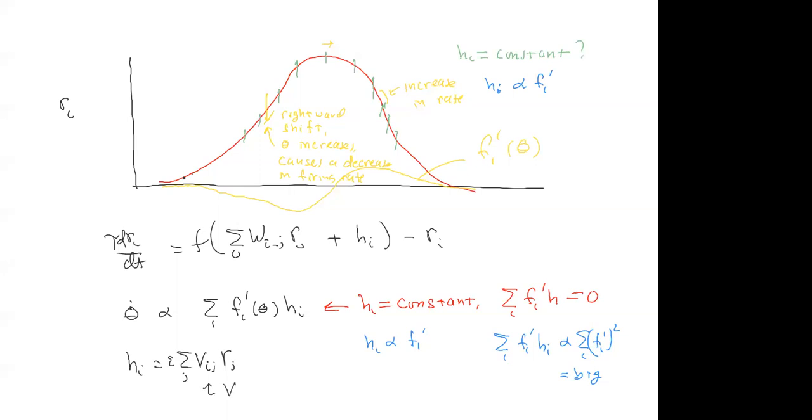So it's nice if vi minus j equals minus vj minus i. So an odd function. In that case, it's not that hard to show that the sum on i of fi prime vi minus j fj is big.